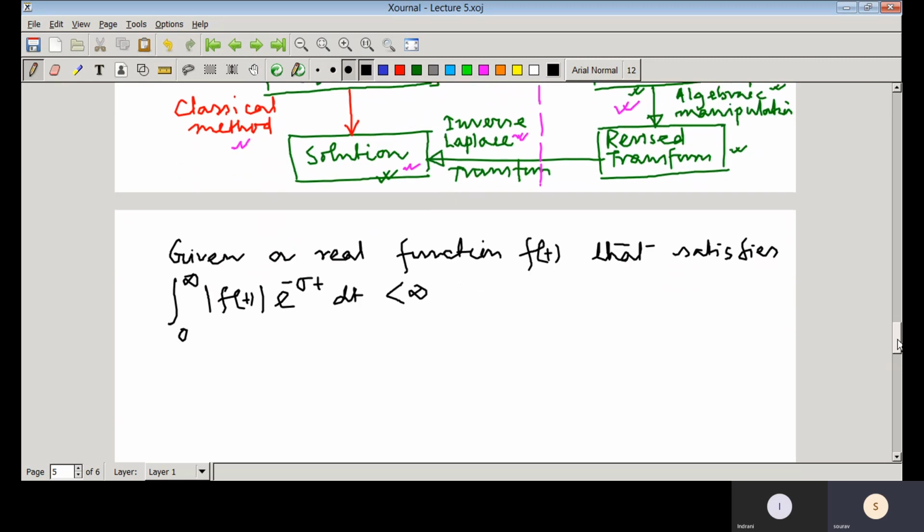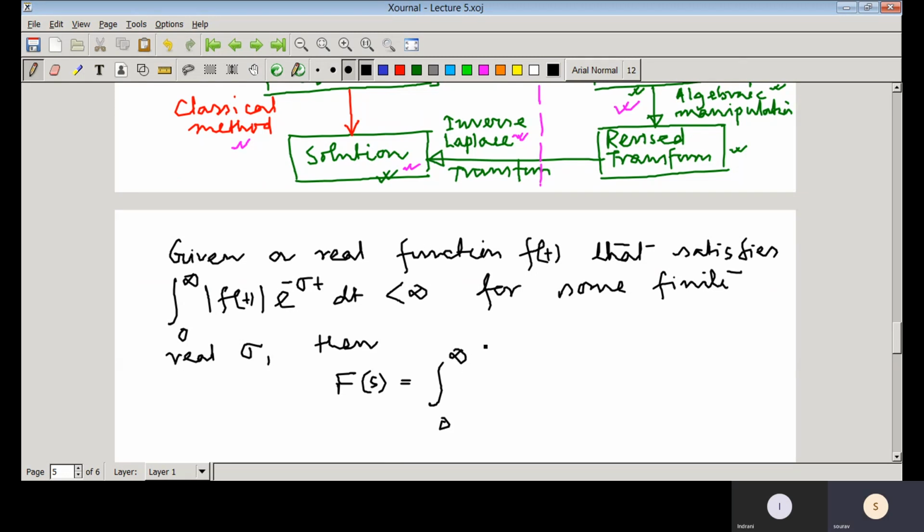So this is that, for some finite real sigma. Then F(s) is equal to the integral of f(t) e to the power minus st dt. So this is actually represented like this. This is that Laplace transform.